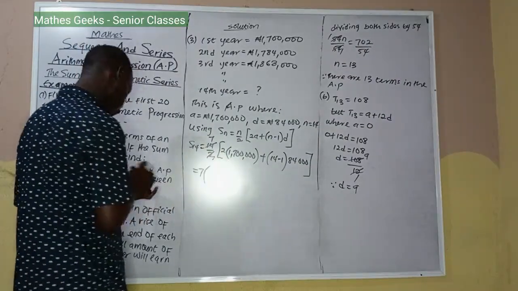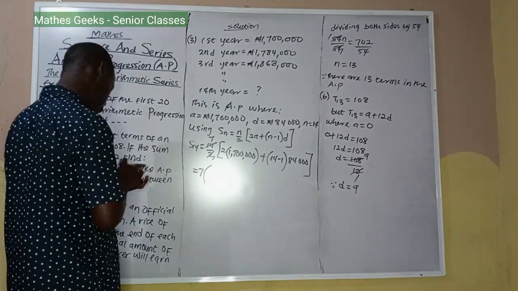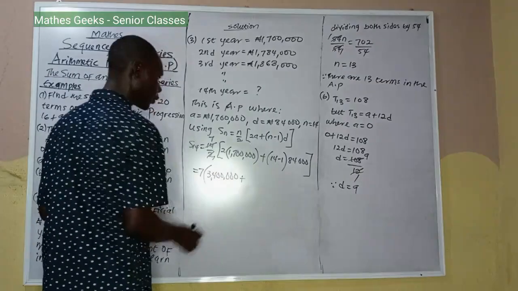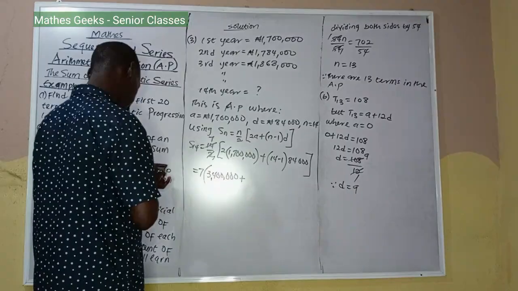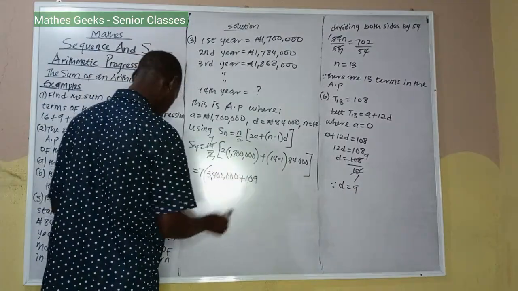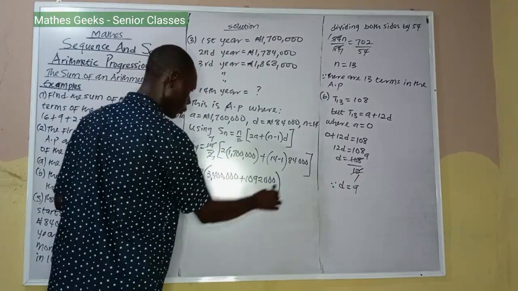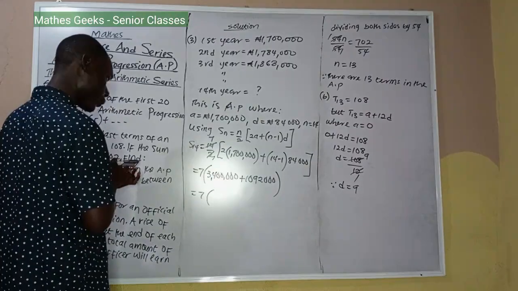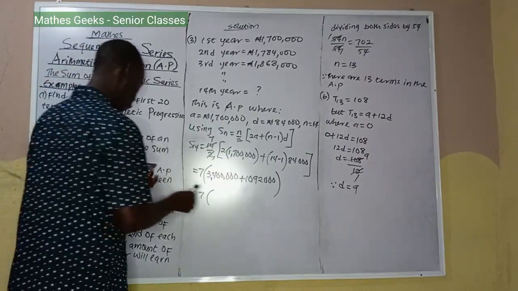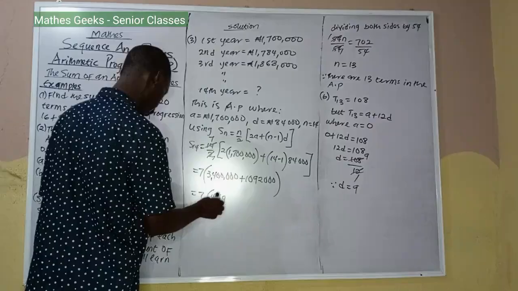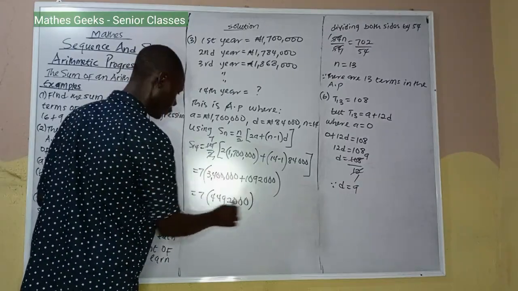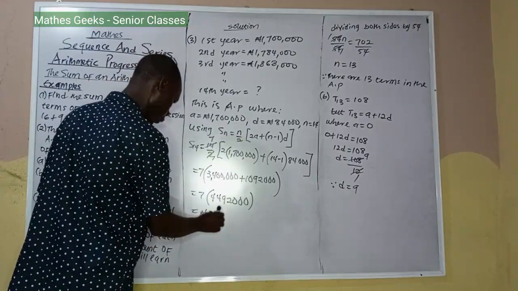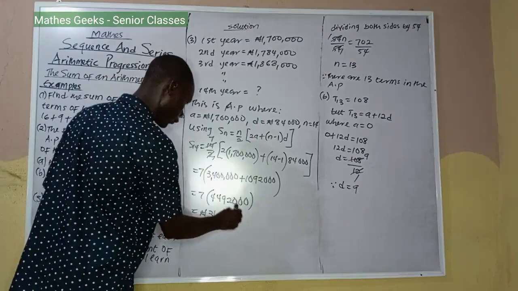So 7 times 2 times 1,700,000 is 3,400,000, plus 13 times 84,000, which is 1,092,000. So 7 times 4,492,000 gives 31,444,000.